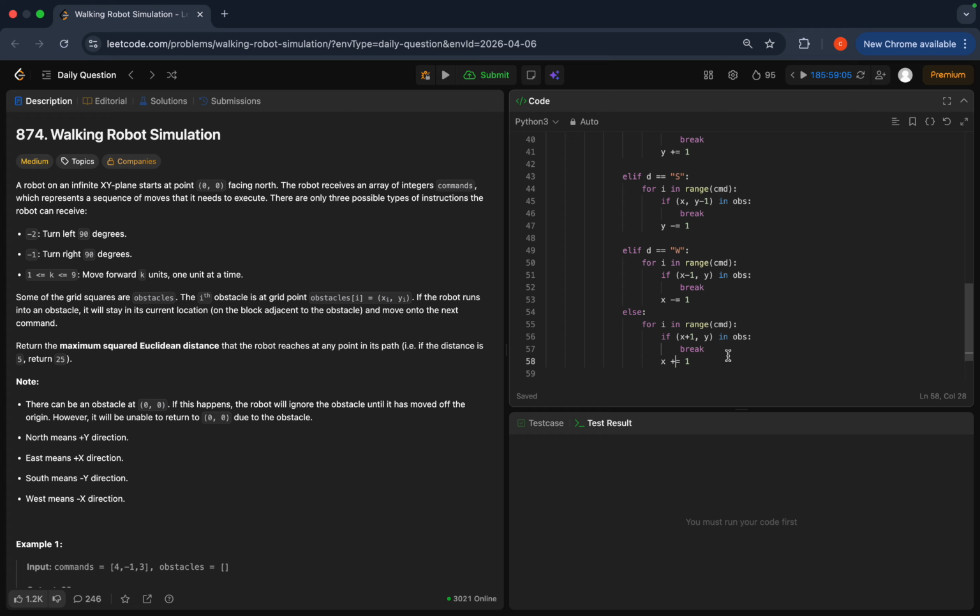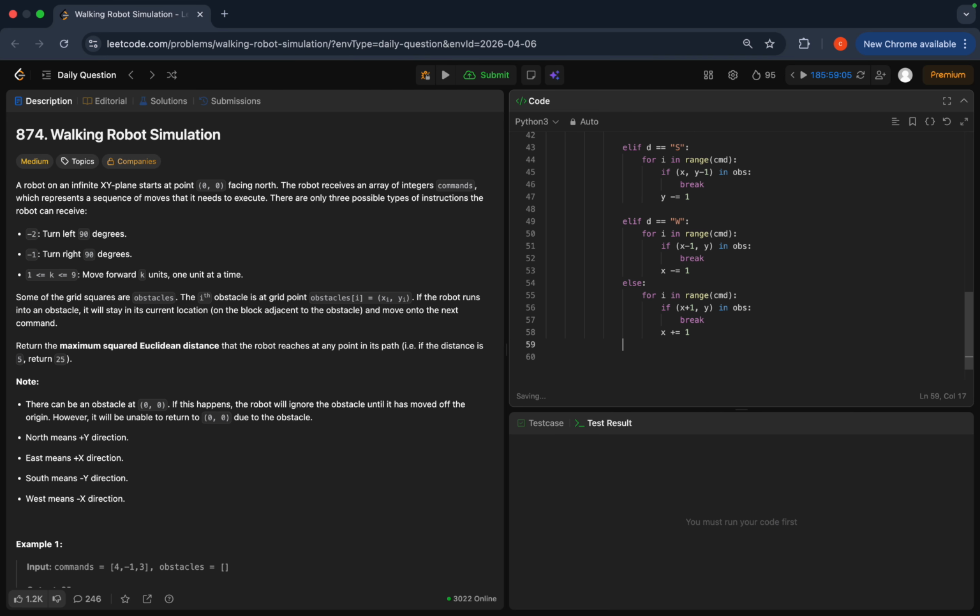So you will calculate the maximum distance now, because you are done with one particular command, and you have the x and y coordinate values handy with you. So now we will calculate the distance.